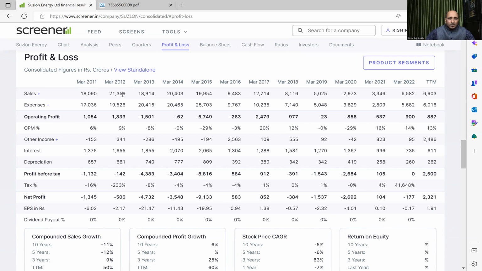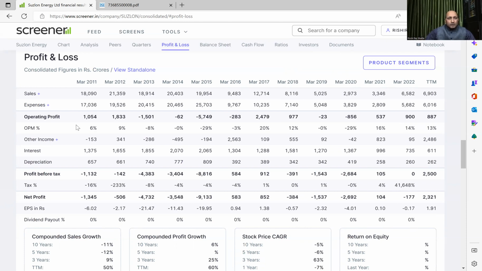Then 2012, this increase. 13 again decrease, increase, decrease, and significant decrease coming from March 2016, your FY 2016, then little increase, then again decrease happening from March 2021 to March 2022. Yes, of course, there is increase, but overall we can see there is downtrend in sales or revenue value.